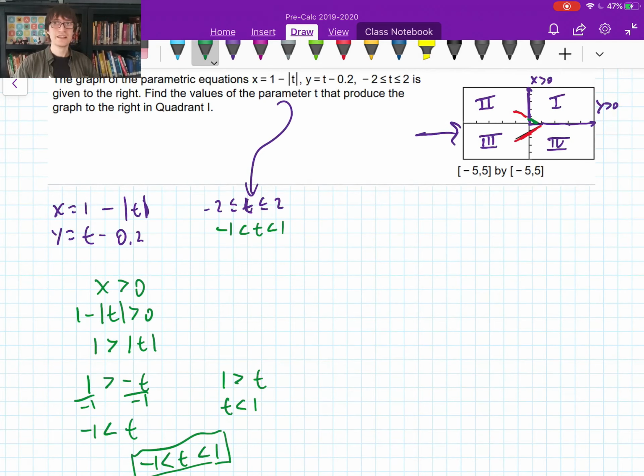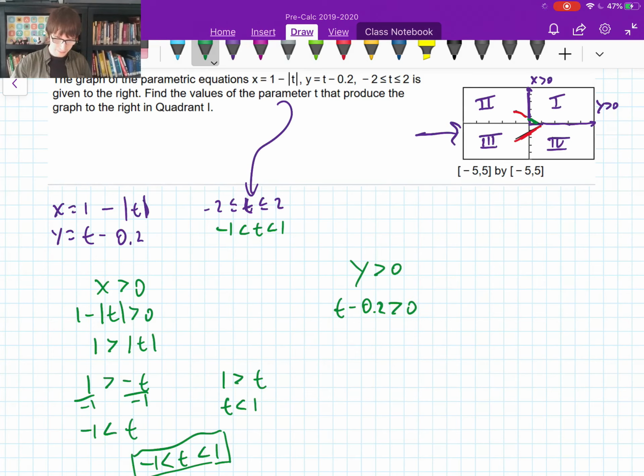Great, that's perfect. Let's see if we do the same thing with y. I bet it'll fix the other side too and tell us any other parameter things we need to know. Okay, let's plug in y is greater than 0. If y is greater than 0 and y is t minus 0.2, then t minus 0.2, which is y, has to be greater than 0.